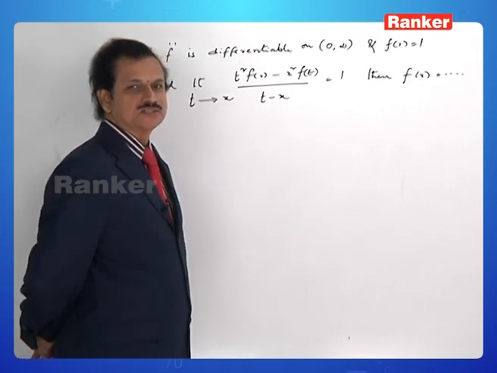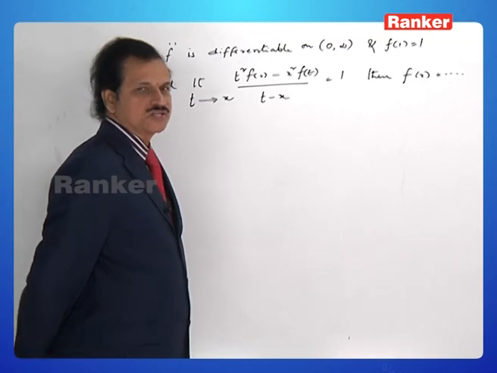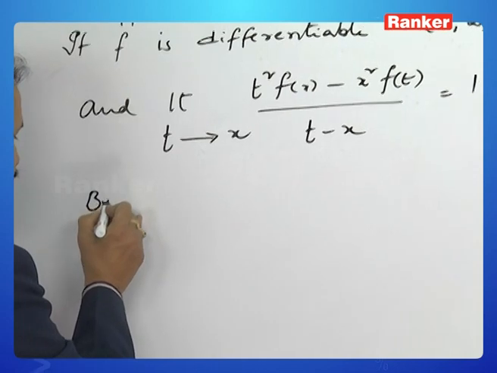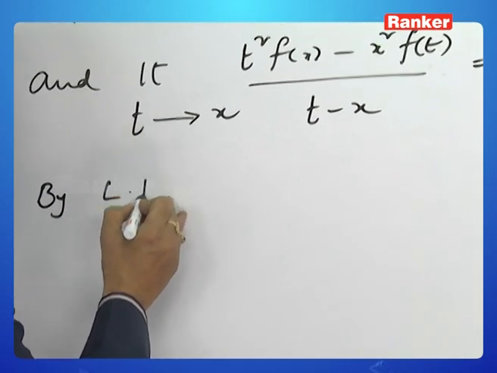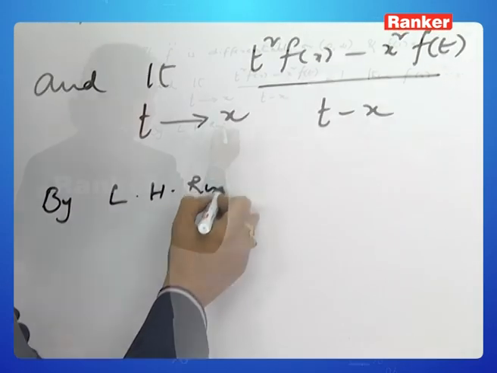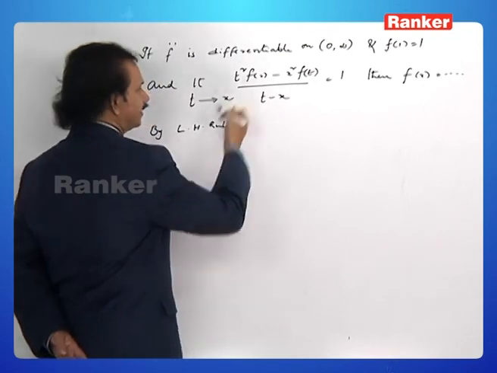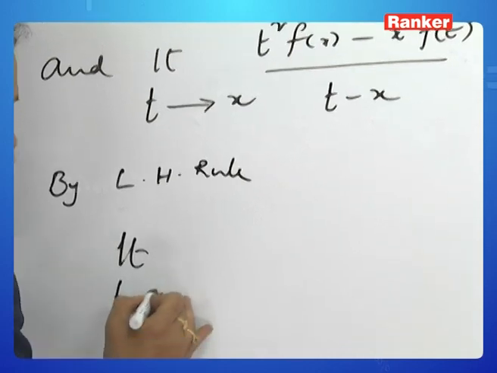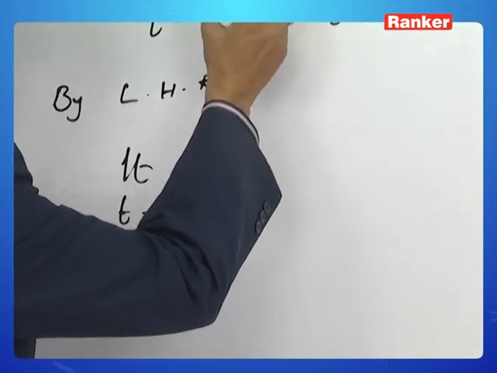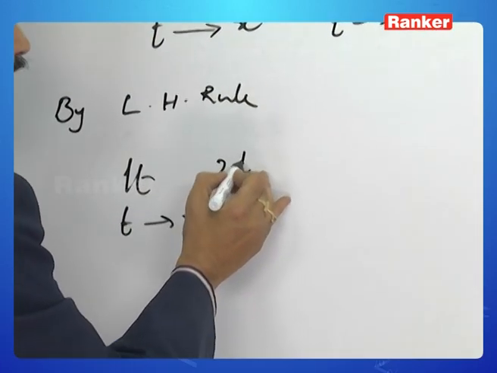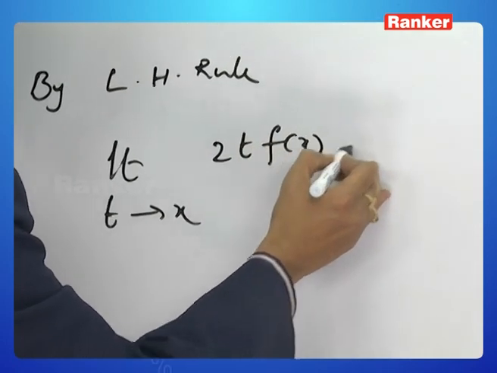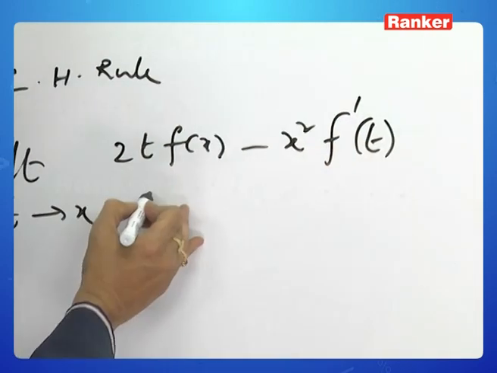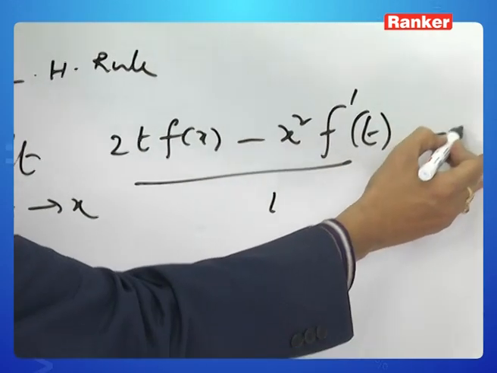Then f of x is equal to... Let us try. Now, let me use the L'Hospital's rule for this limit. What happens? Limit as t tends to x, the derivative of t square is 2t into f of x minus x square into f dashed t, by 1 is equal to 1.